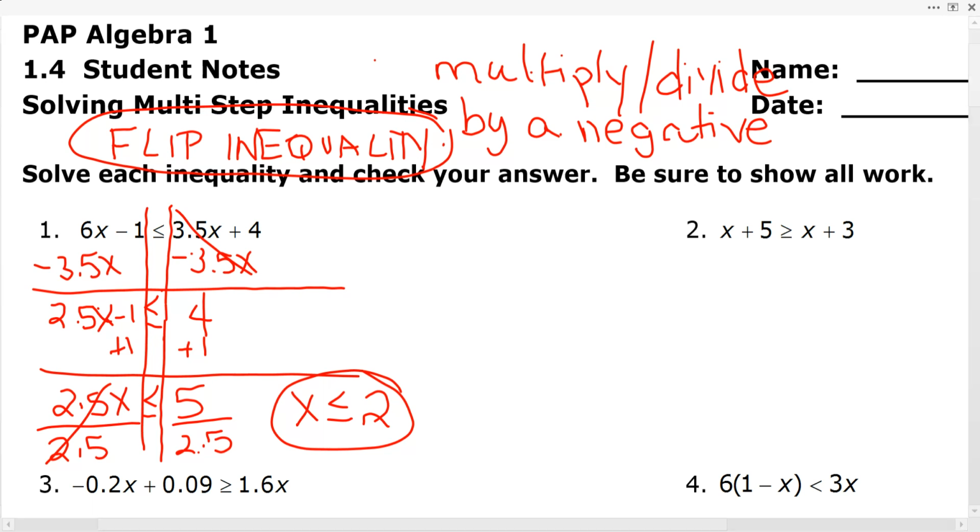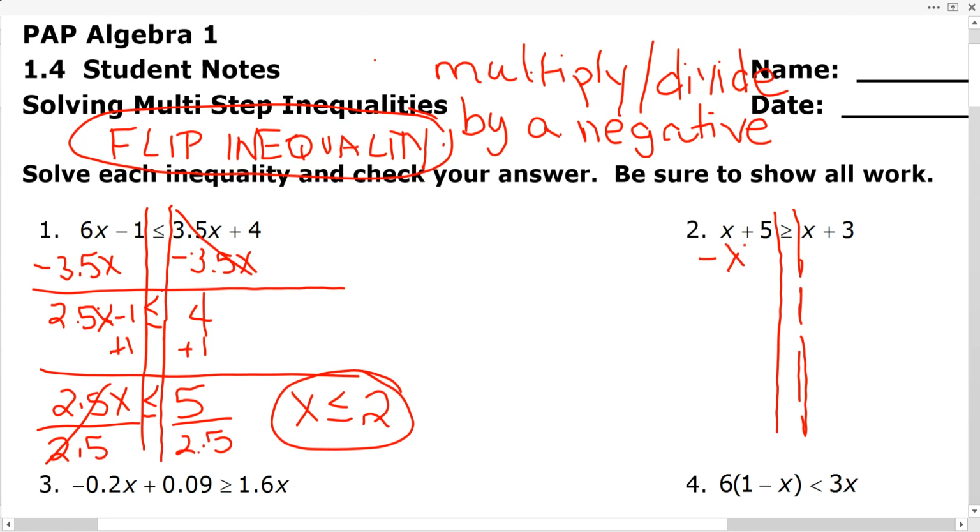Okay, let's see what happens in number 2. Same steps. I'm going to draw my railroad tracks. And I'm going to subtract x from both sides. This is going to be one of our weird ones where we have to do solutions. My x's cancel out and I end up with 5 greater than or equal to 3. So I need to stop and look at this and ask myself, is 5 actually greater than or equal to 3?